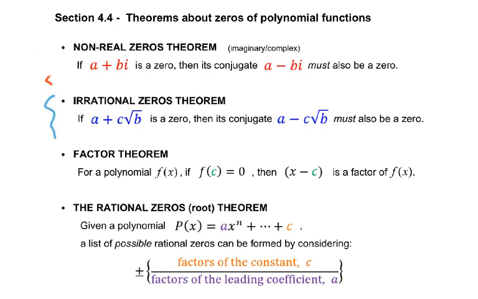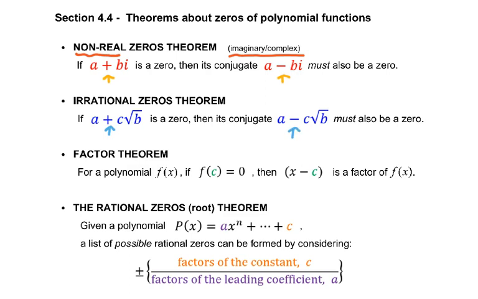And what they say is that any non-real, any complex or imaginary zeros are always going to occur as a conjugate pair. So that means if one of them has a plus, one of them has a minus. And that's the same for our irrational zeros theorem. Those will also occur in conjugate pairs.